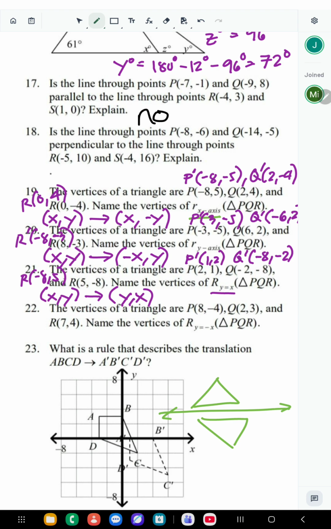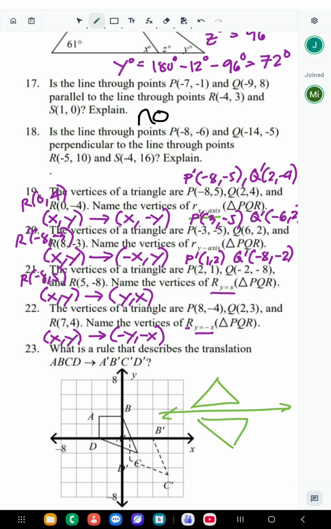Then for number 22, the vertices of a triangle are P, Q, and R. Name the vertices of R, y equals negative x. So reflection across the line y equals negative x. Oh, so what will happen here? Our coordinates would be reflected, and then they swap. So they become negative y, negative x, right?